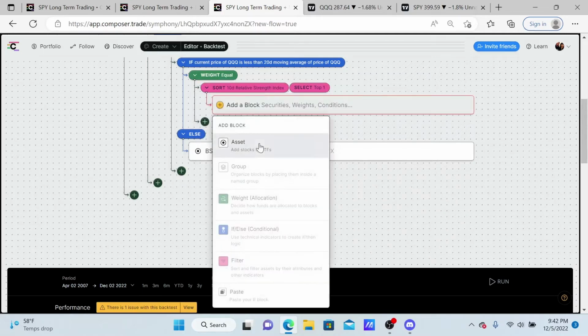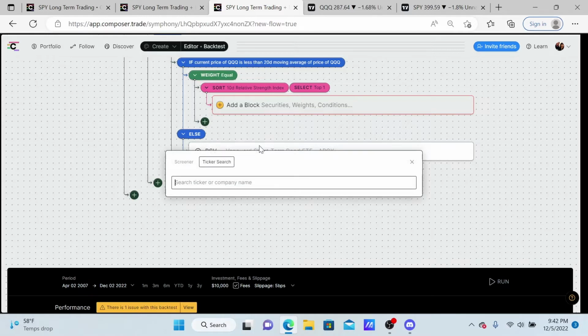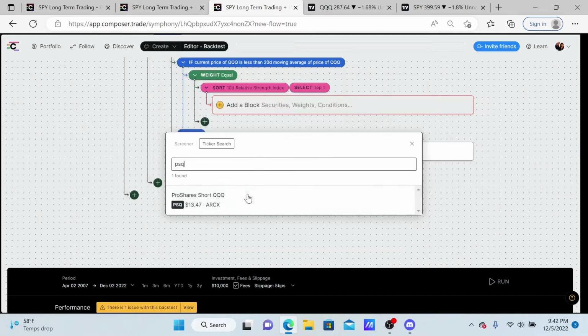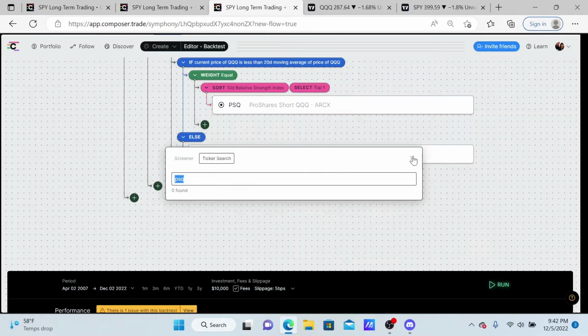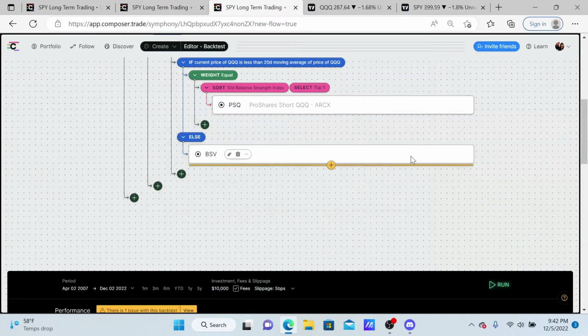And then here in this block is going to be PSQ, which is a 1x inverse ETF of QQQ. So whatever QQQ does, PSQ is going to do the opposite in the 1x direction. There's 2x, there's 3x leveraged. I'm just going to stick with the 1x.